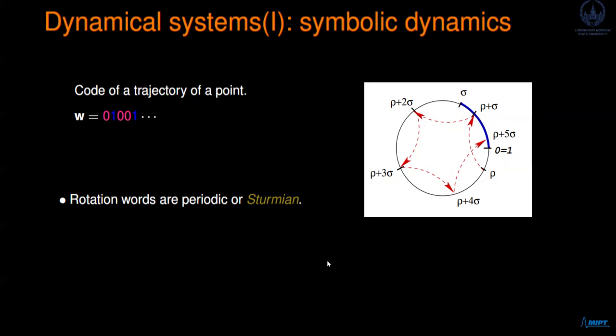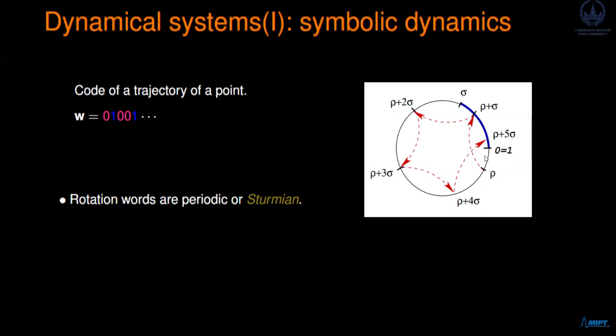The diagram here represents a rotation system, and the sequence of symbols of the word W captures the movement of a point as it follows the rotation you see here. You are here, you move here, and you move here, here, and here.